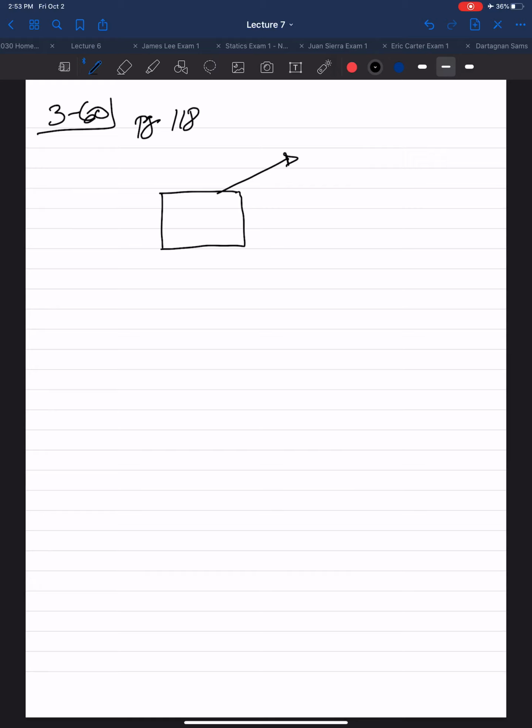So this is M2. This is at a 45-degree angle. This is M3. And you have an M1. This is 300 Newton meters.